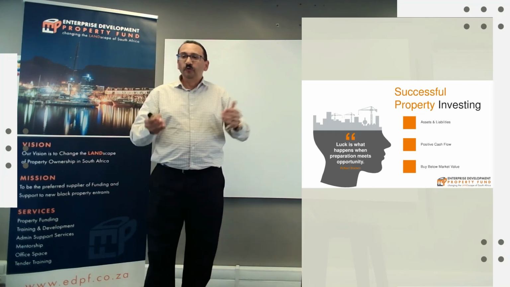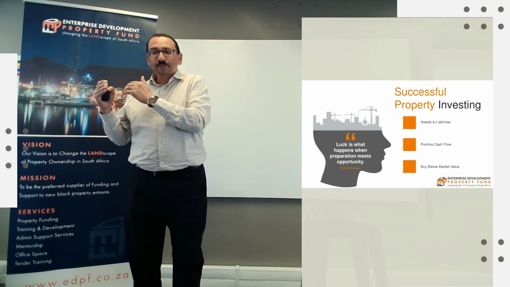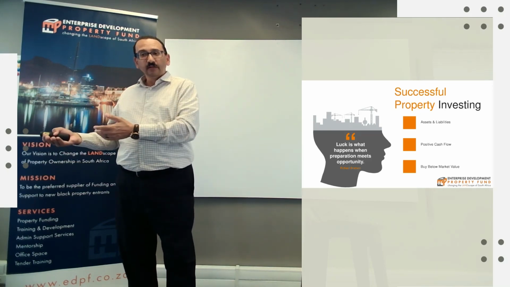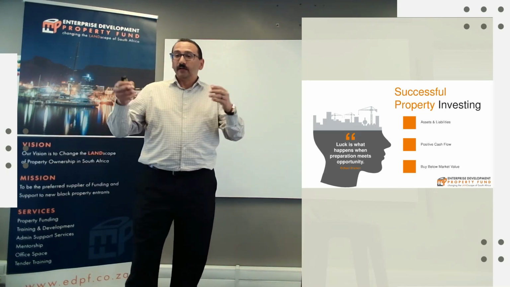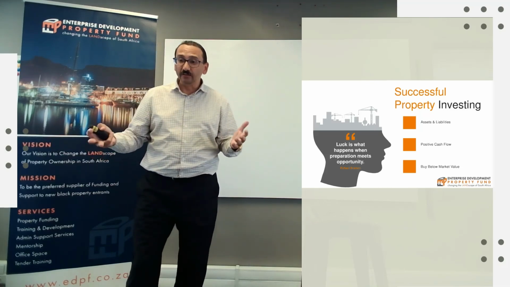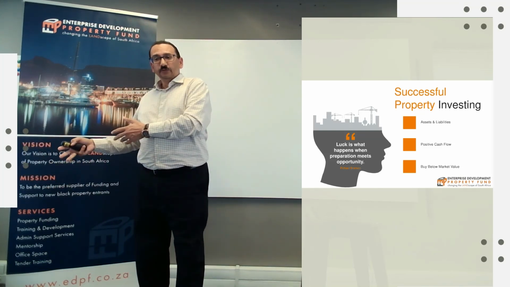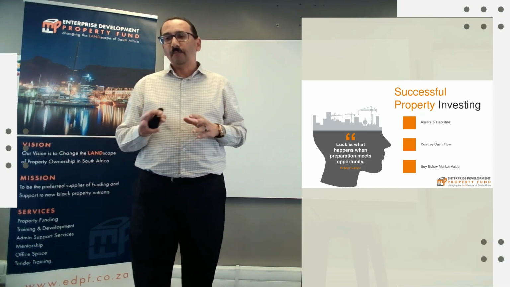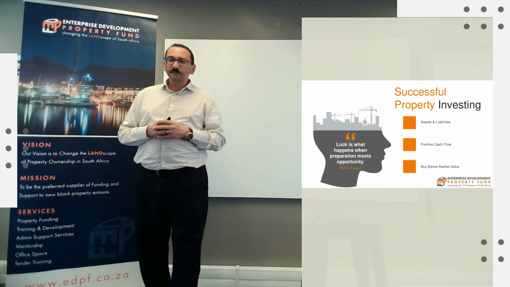But if you've negotiated down to 800,000 and your net profit is still 100,000, your margin has increased from 10% to something like 12 or 13%. I don't have a calculator with me now to work out that number, but it will probably be around 12 or 13% in terms of your profit margin or your yield or your net return. So when you're renting, you're also making a better return if you negotiate up front and you buy below market value.